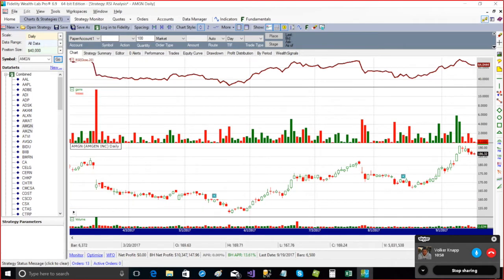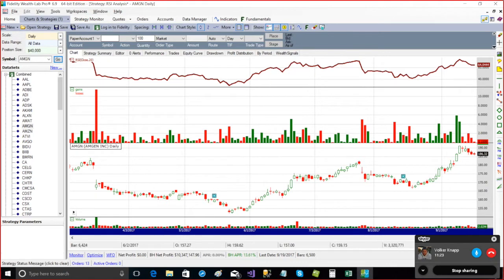So here we have the RSI, this line here. But what is it? How is it calculated? Any idea, Volker? No, actually, I never looked into it. I mean, that's typical with these indicators. We all use them and we see how they respond, but we don't know how it's derived. So we're going to get into that now very quickly.